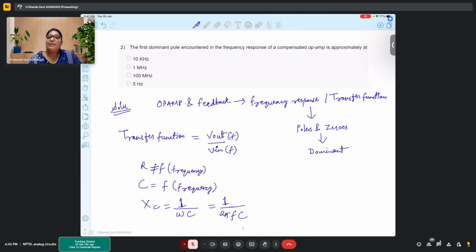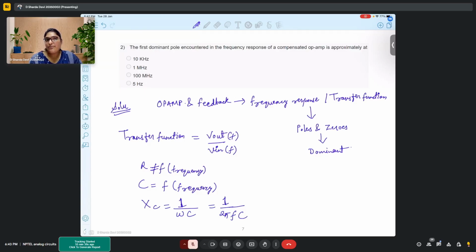That much of impedance it can give. The capacitance is same for the capacitor. What changes is the frequency, and along with the frequency, its reactance, that is Xc, changes.